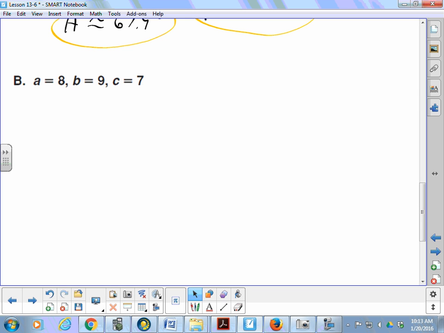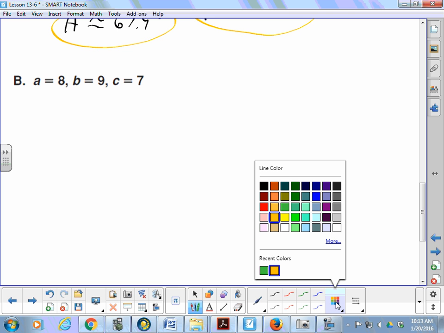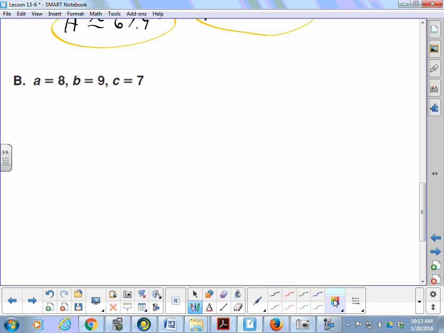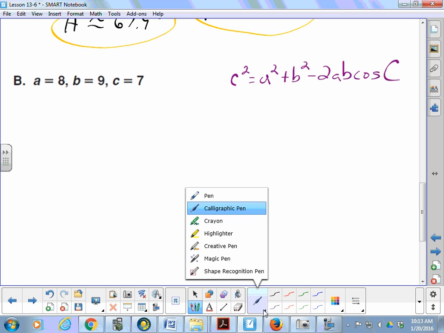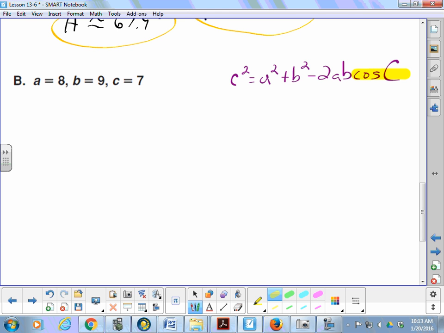Well, to do that, first of all, we are actually going to rewrite the law of cosines. Because if we're trying to find an angle, that means that we want this part here to be by itself.